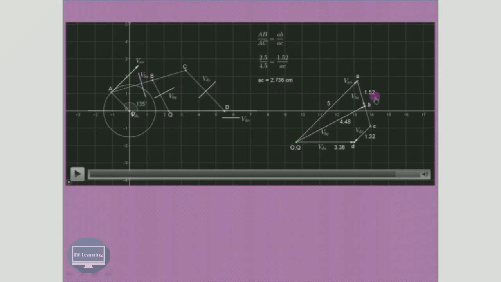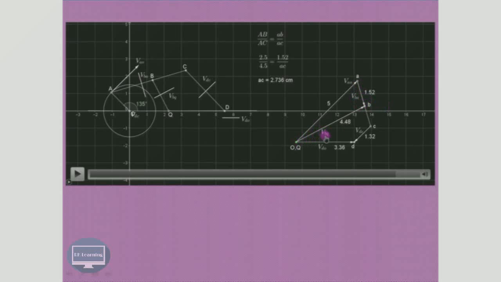Then B with respect to A, the known point is A, so we have drawn a line parallel to this particular line. Then B with respect to Q, the known point is Q. From Q, draw a line parallel to this line, so that both of them intersect each other at point B. Now, as far as the vector notations are concerned, we are finding out velocity of B, so the arrow must be towards B.